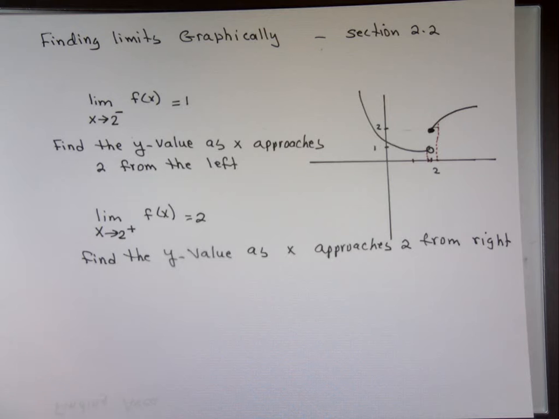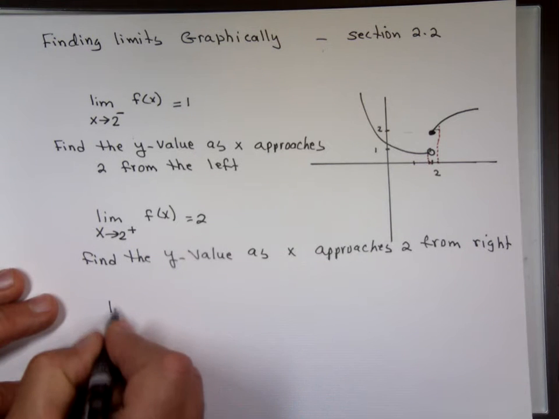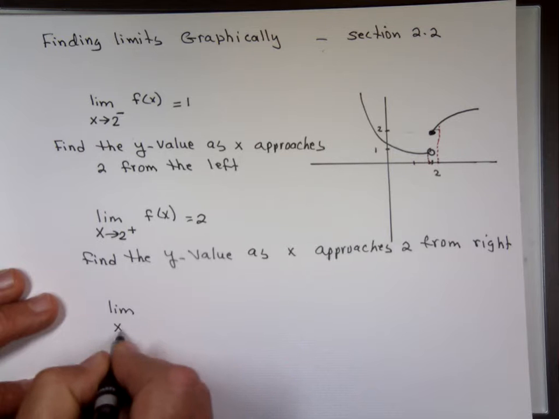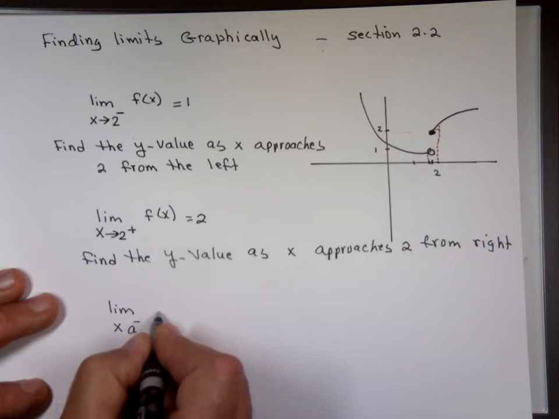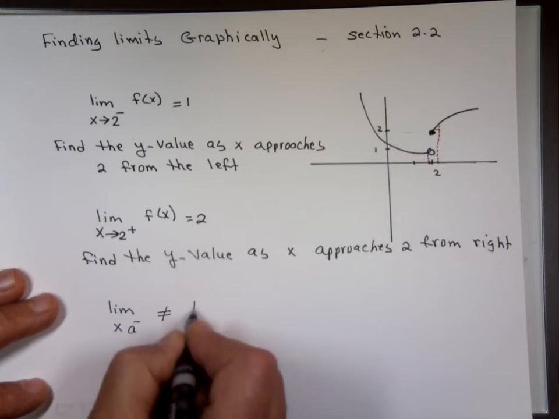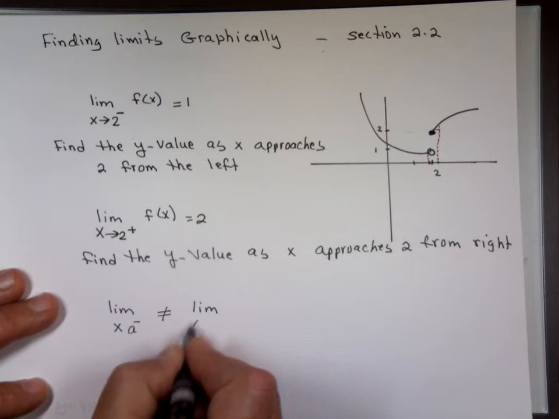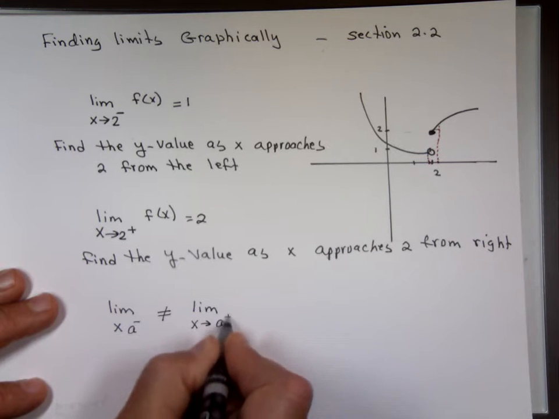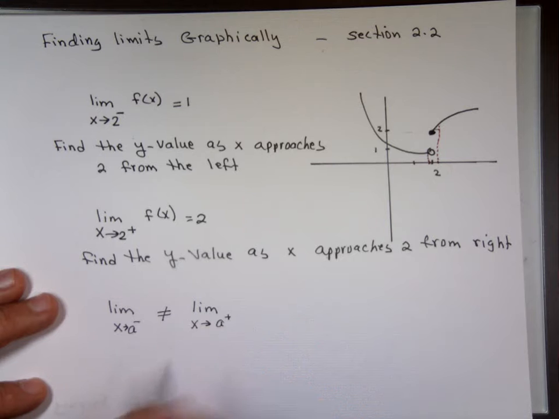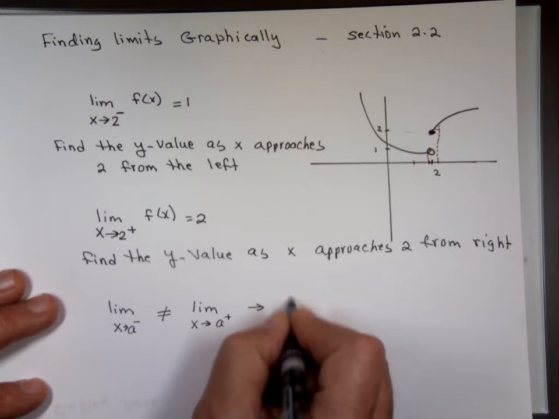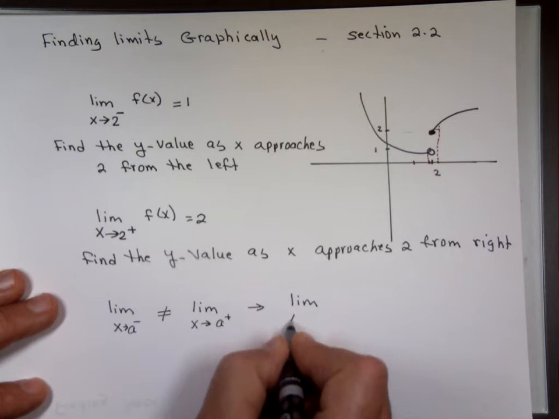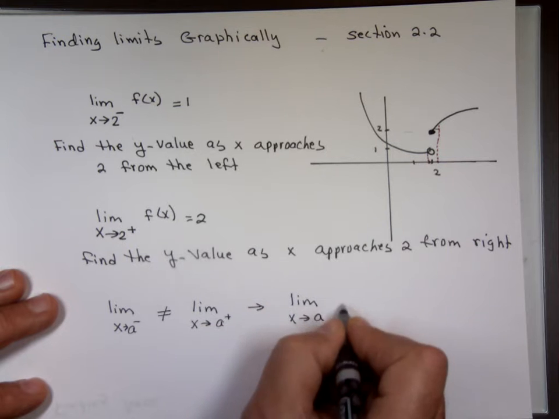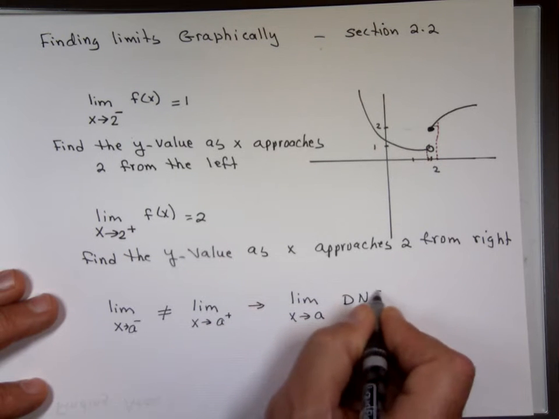Now we'll learn quickly, it just happens to be in this example, if the limit from the left side of any number does not equal the limit from the right side, then the limit does not exist. As x approaches a, we go DNE, does not exist.